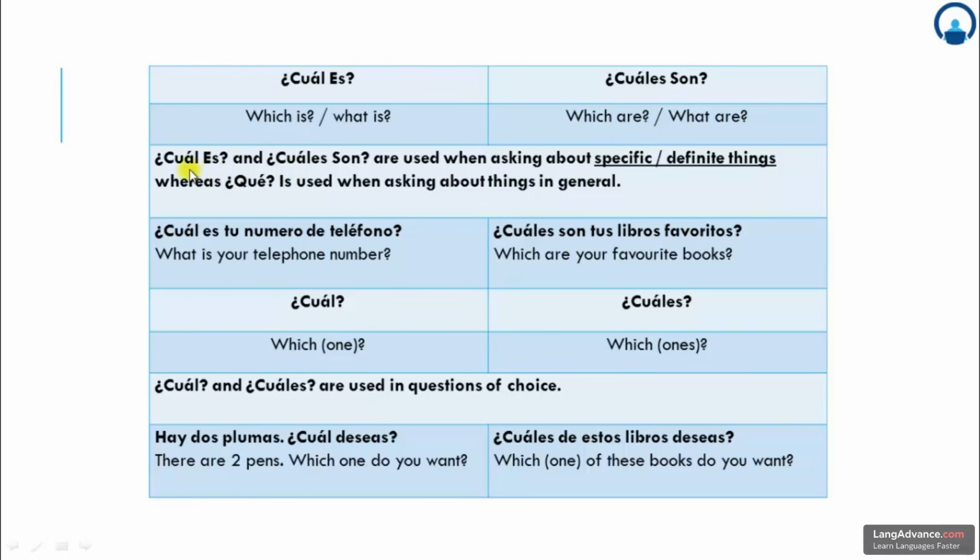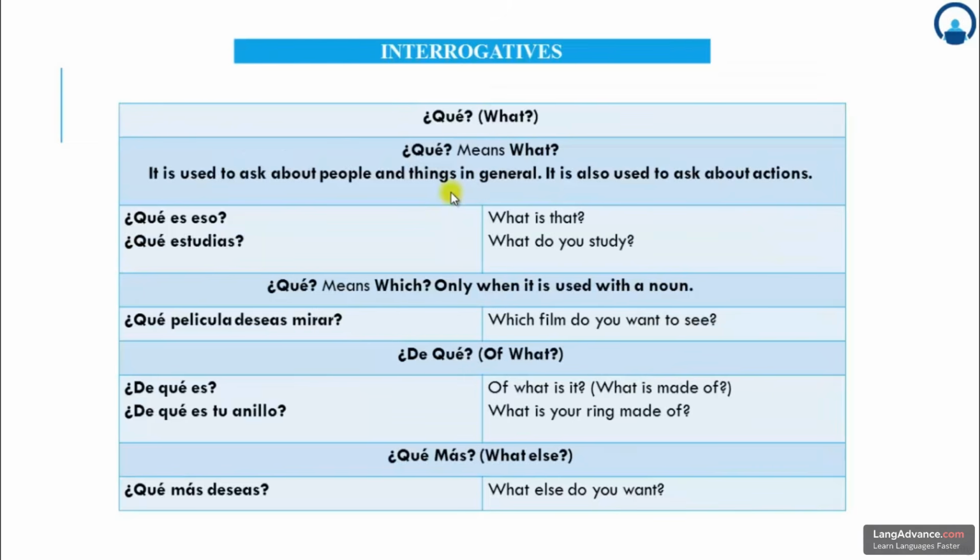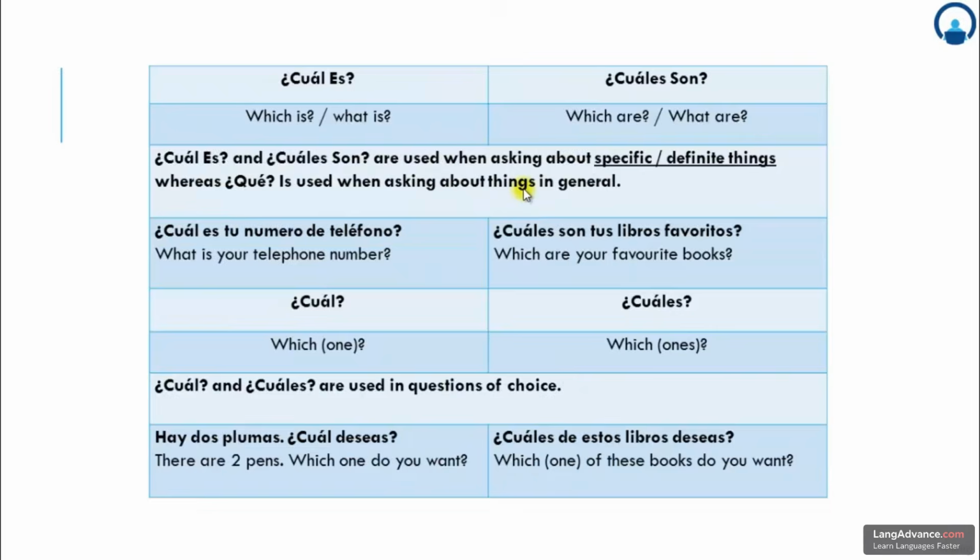These two, cuál es and cuáles son, are used when asking about specific or definite things. So if we compare this with the previous interrogative words, que is used for general things, whereas cuál will be used when asking about specific or definite things.